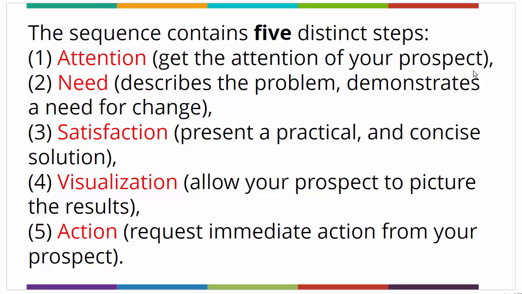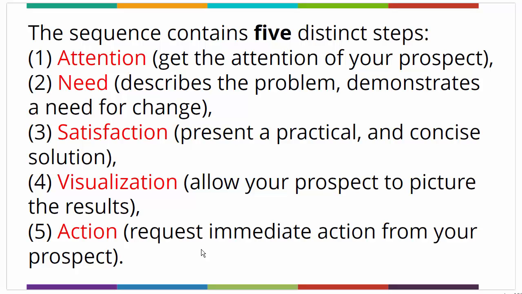Attention: we have to get the attention of the prospect. Need describes the problem and demonstrates a need for change. Satisfaction: we present a practical or concise solution. Visualization: we allow the prospect to picture what the results would be like. And finally, action, where we're requesting immediate action from the prospect.